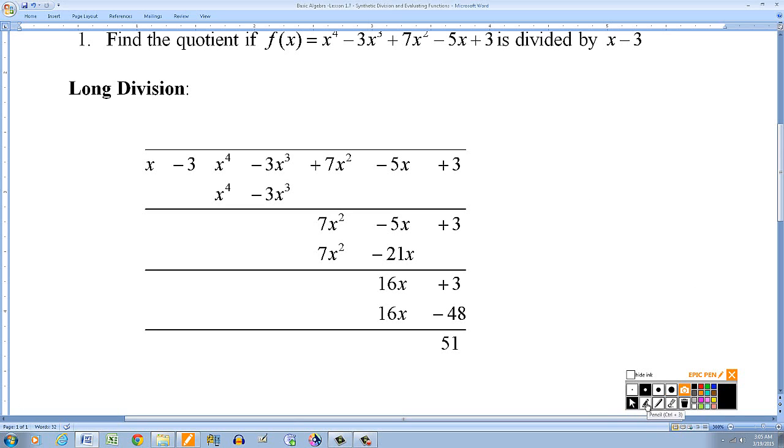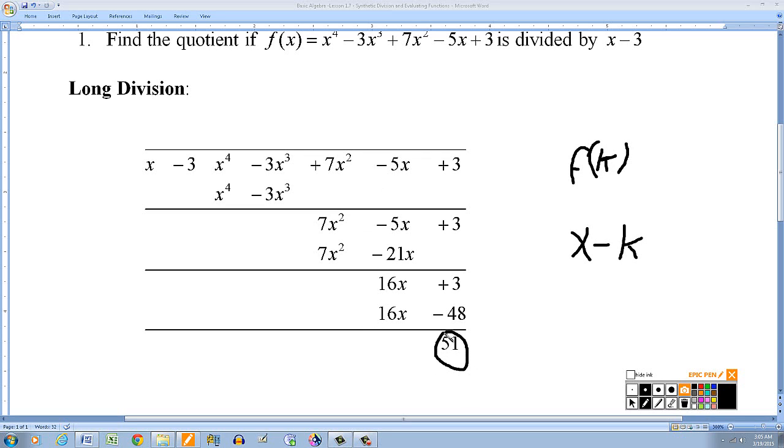If you're evaluating a function f at some number k, you want f of k. So that could be f of 3, f of negative 3, f of whatever. If you divide that function by x minus whatever the k is, using either long division or synthetic division, whatever you get for your remainder, which in this case is going to be 51, that's going to be the value of the function at that particular number.